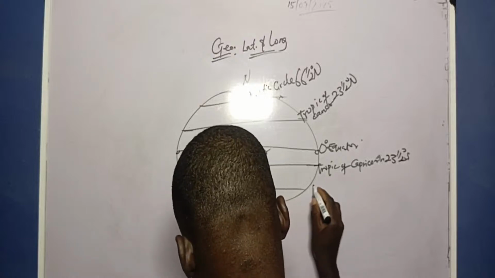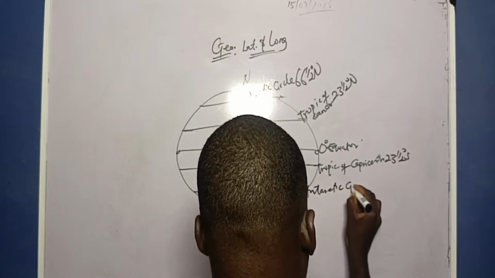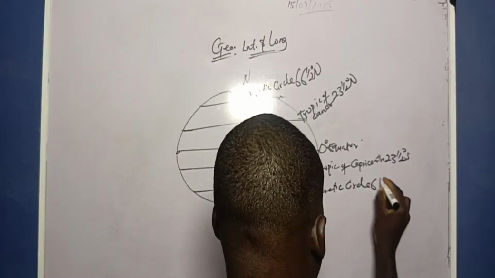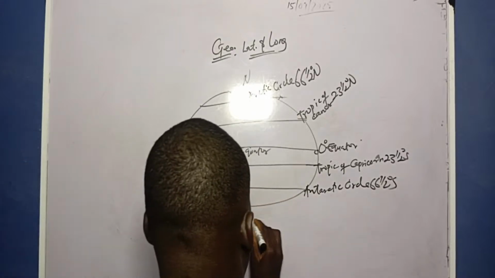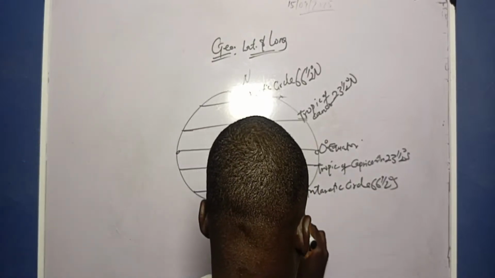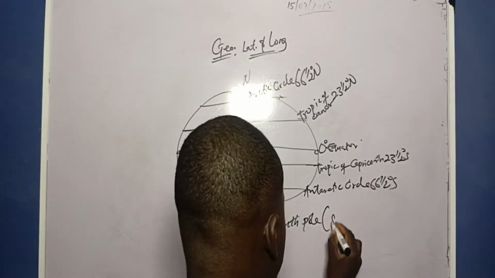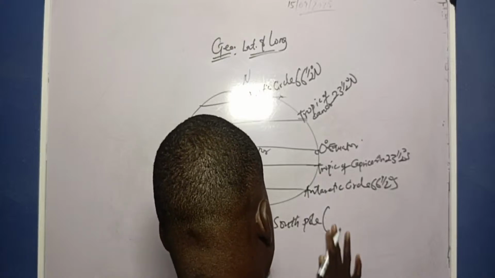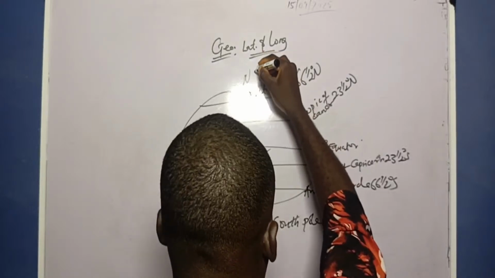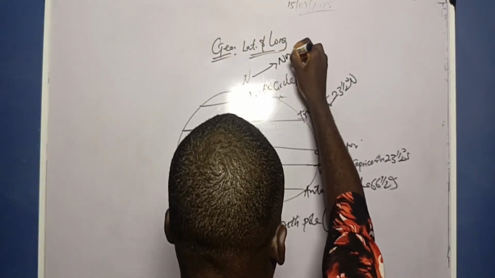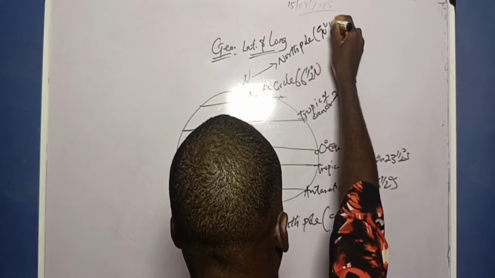And here is the Antarctic Circle, which is 66.5 degrees south. Here is our South Pole, which is 90 degrees south. And here is our North Pole, which is 90 degrees north.